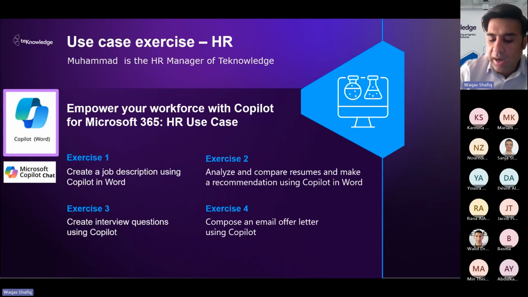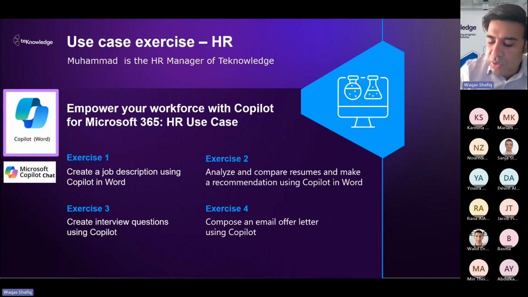Now imagine you have the job description which you crafted through Microsoft Word. Then you used, for example, Microsoft Copilot, and you evaluated all those resumes. Now the third exercise which we will do is, from the second exercise, you would be in a position to interview maybe 1 or 2 candidates out of the 10 applications which you may receive.